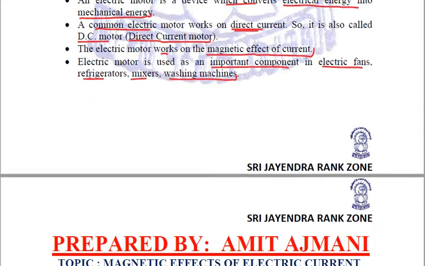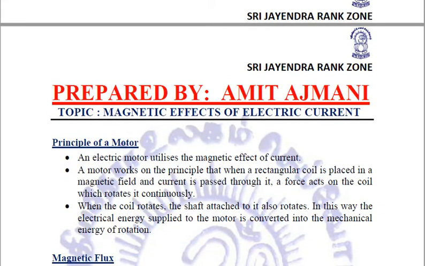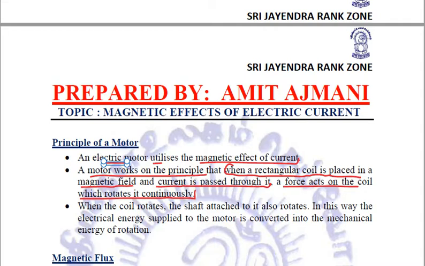Fine. Let us relate the principle of a motor. As studied earlier, the electric motor utilizes the magnetic effect of current. How? A motor works on the principle that when a rectangular coil is placed in a magnetic field and current is passed through it, a force acts on the coil which rotates it continuously.